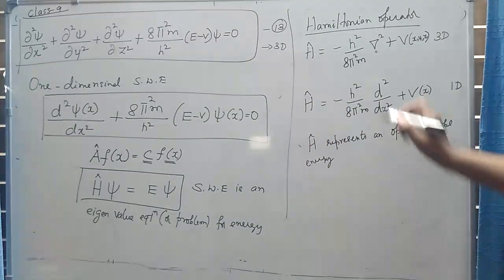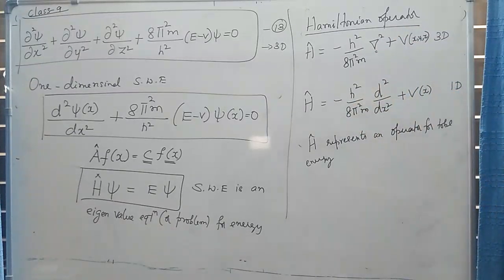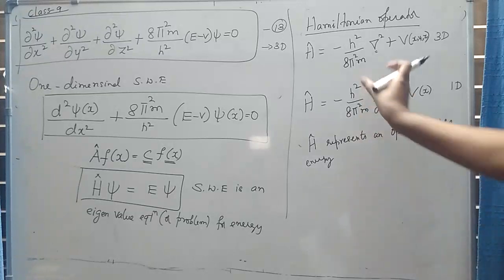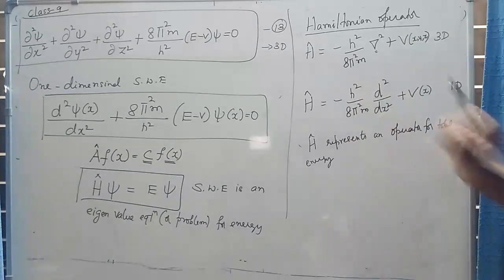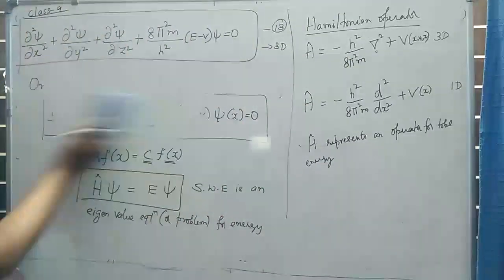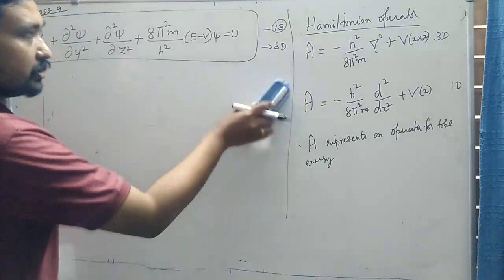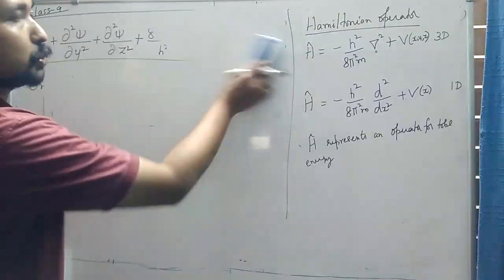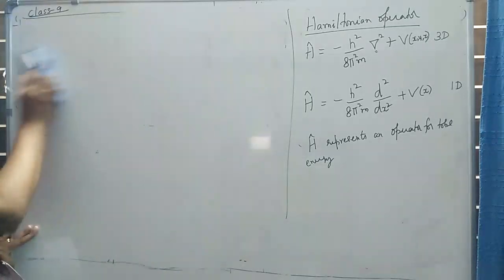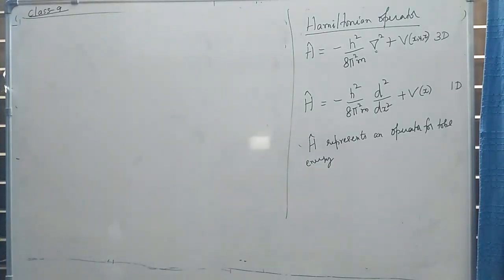Now if you look at this expression, the three-dimensional or one-dimensional expression for the operator, this Hamiltonian operator contains two terms, first term plus second term, and this Hamiltonian operator represents the total energy. In fact, if you remember, the total energy also contains two terms. It is a sum of the kinetic energy of the particle plus the potential energy of the particle.